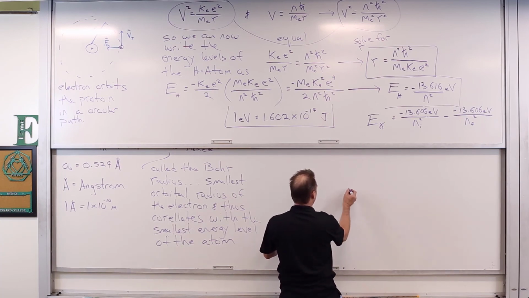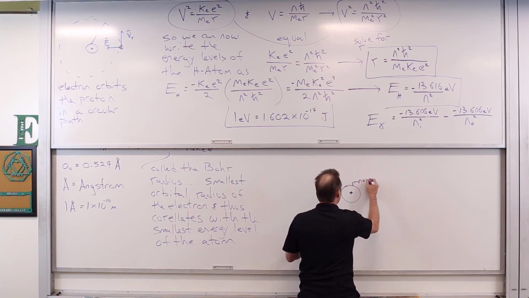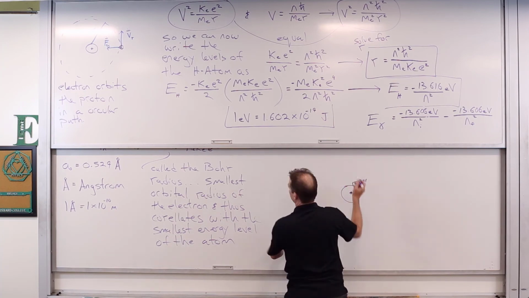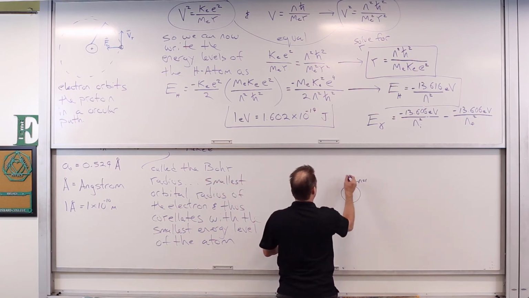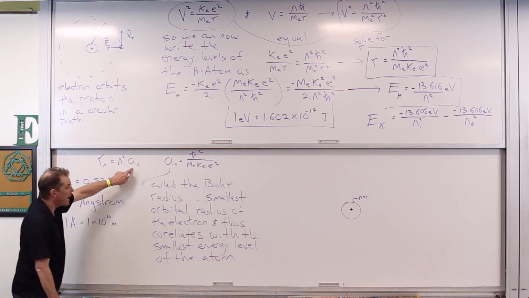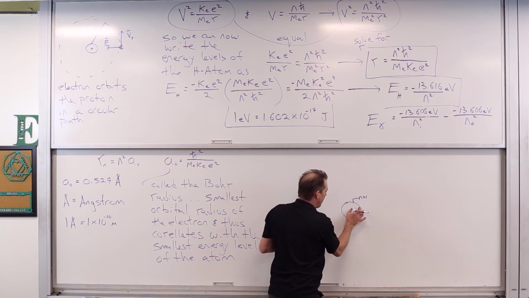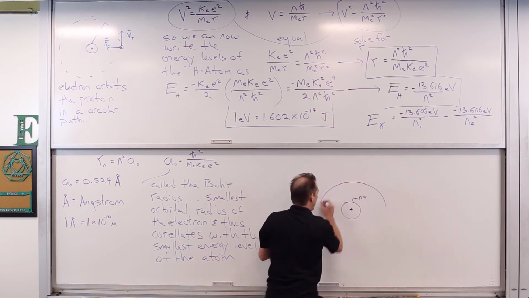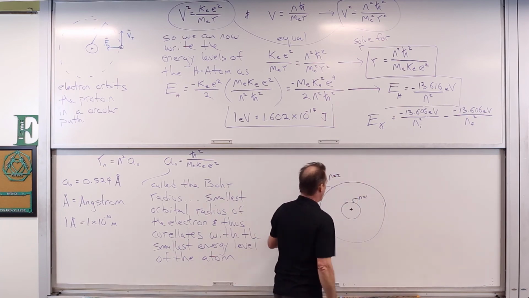There's our proton, and then we're going to have the n equals 1 radius distance, and that could correspond with that a sub 0, 1 angstrom, and then the n equals 2 is going to be equal to 4 times that radius distance. So if this is 1, then 4 times that, 1, 2, 3, 4, puts us way out here. So there's the n equals 2 orbital radius.